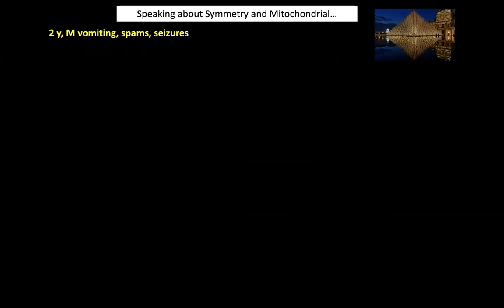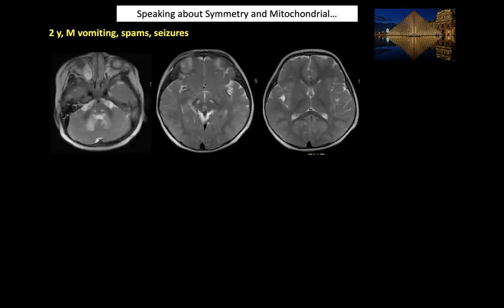Speaking of symmetry and mitochondria, there are other patterns that you need to keep in mind and are not completely consistent with the Leigh original described phenotype. So we have, in this case, a 2-year-old male with vomiting, spasm, and seizure. And what we have is this characteristic symmetrical abnormality in the brainstem.